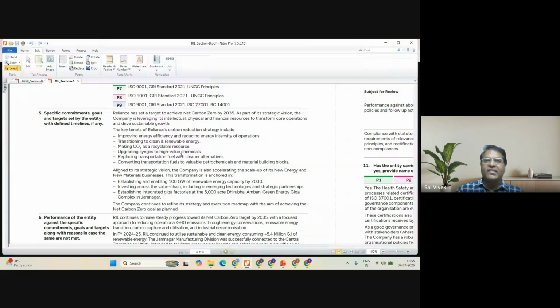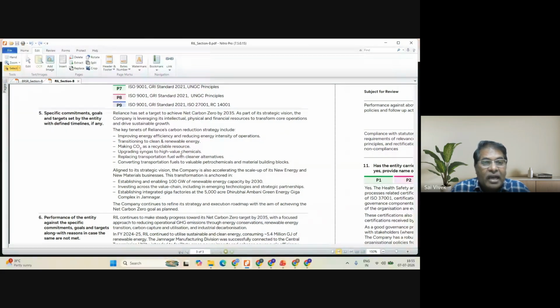We are using this as a resource, as a biochar brick, and this is a resource now. Now we can use it on pavements, road pavements. Biochar brick or biochar pavements can be used. So this is just an example. There are some tens of methods available to recycle carbon dioxide and utilize it as a resource. So Reliance says that it is doing it. We'll see what it is doing.